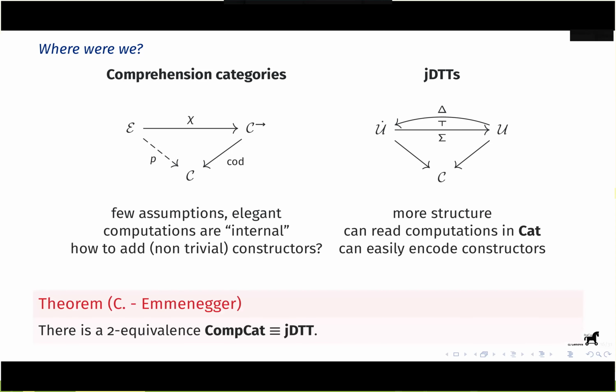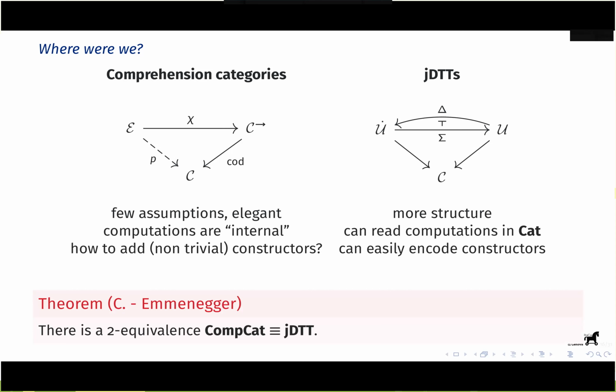So what is the relation between the two? Well, they are actually equivalent, meaning that comprehension categories and judgmental dependent type theories encode precisely the same amount of data in some sense. How? Well, there is one key observation that needs to be made here, which is that sections are coalgebras.